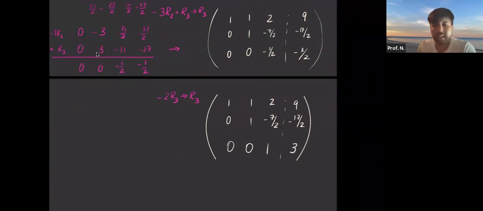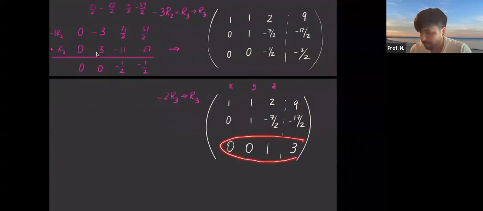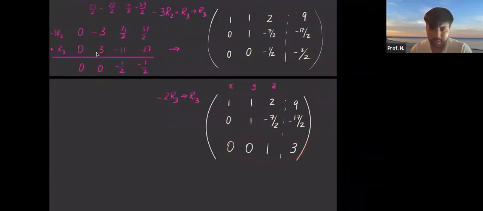Isn't this exactly what we expected? If we stop right here, with the columns X, Y, Z, how do we interpret this row? This is saying Z is equal to 3, because this 1 is associated with the variable Z, and there's nothing else in this row.